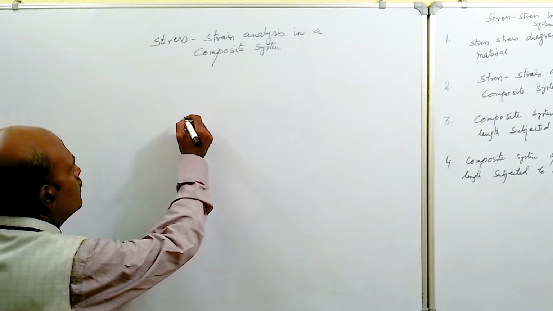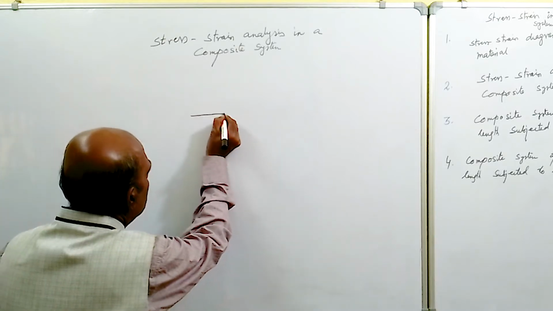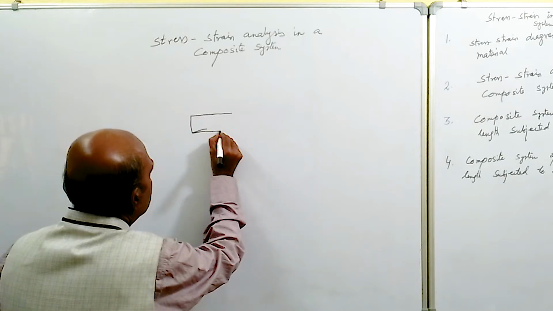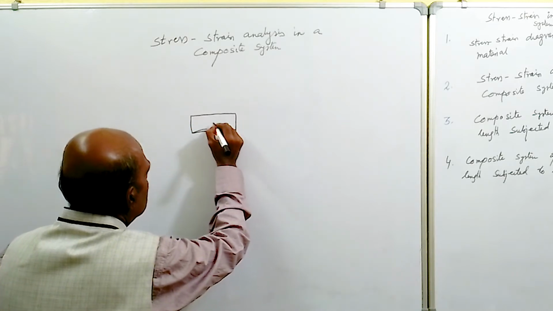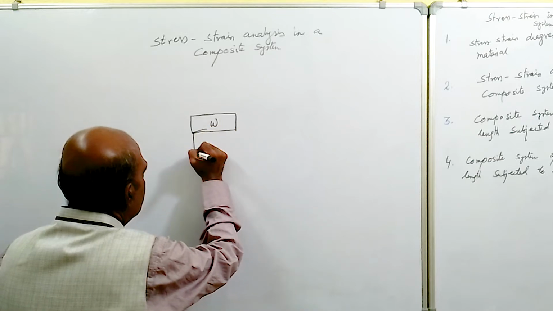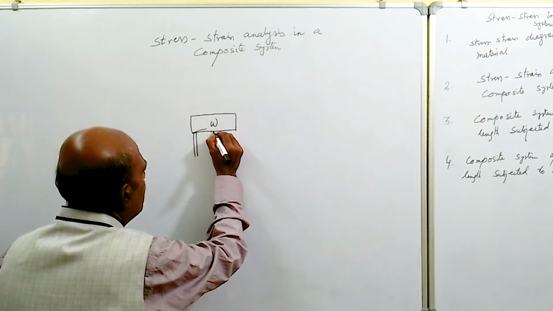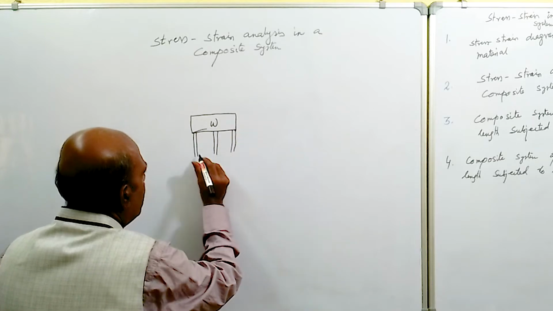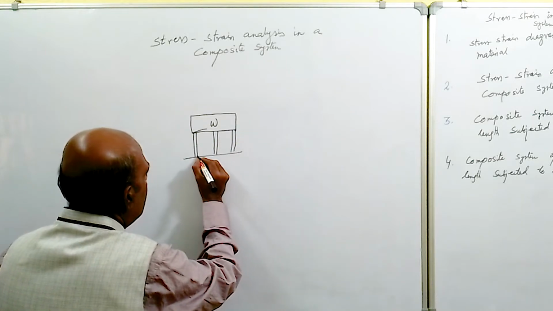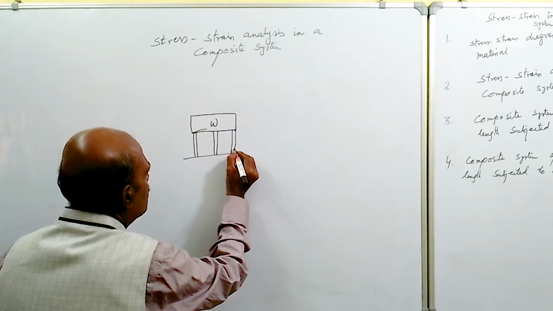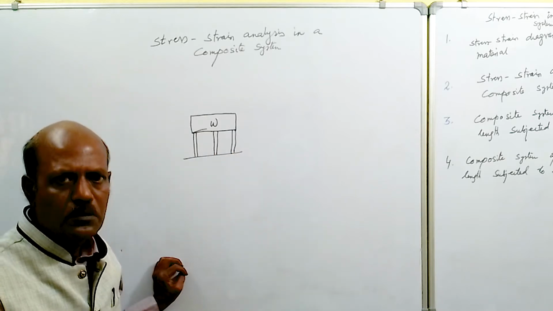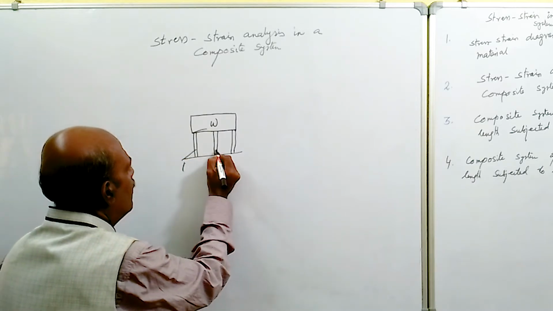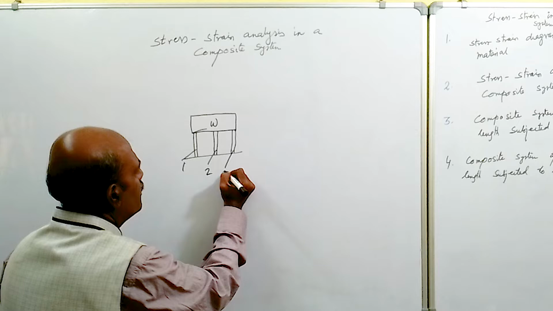Suppose W is a heavy load. This heavy load is supported by, say, three equal bars. So these three bars are taking the load. The total load is W, taken by bar 1, bar 2 and bar 3.